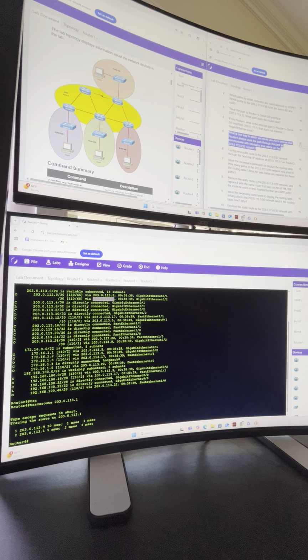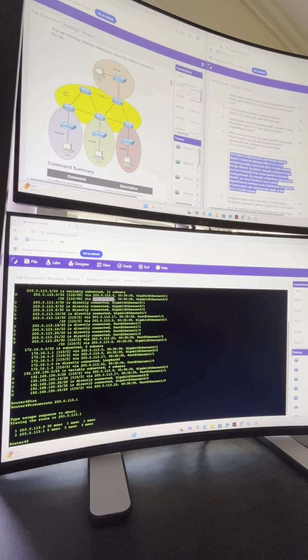So let's see what Boson is going to say. It says, one means of influencing the path router 4 takes to router 1 serial 0/0 interface, which is 203.0.113.1, is by configuring a static route to the 203.0.113.0/30 network through router 3. By default, manually configured routes are more trustworthy than routes learned by dynamic routing protocols.